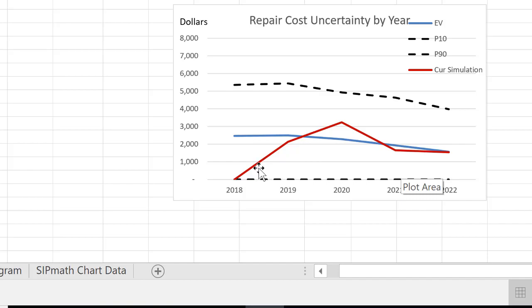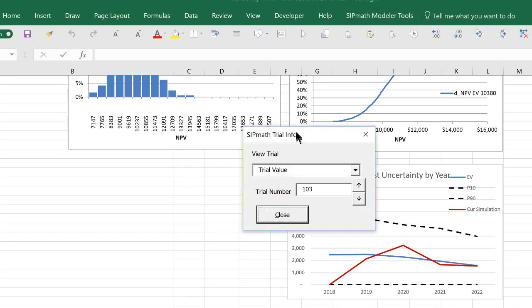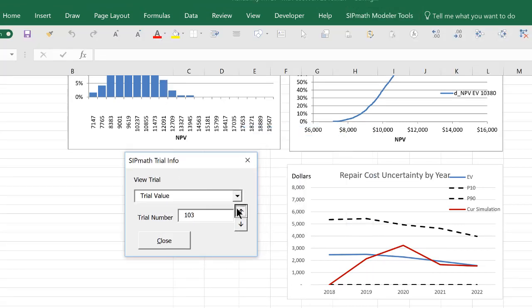This red line represents the current simulation. So once again, if I come over to trial information, as I flip through these trials, you can see what happens. In this particular case, I actually spent nearly 7,000, even though I said the P90 was only 4,000. Remember, there's a 10% chance of being above this line. I can't actually be below 0.